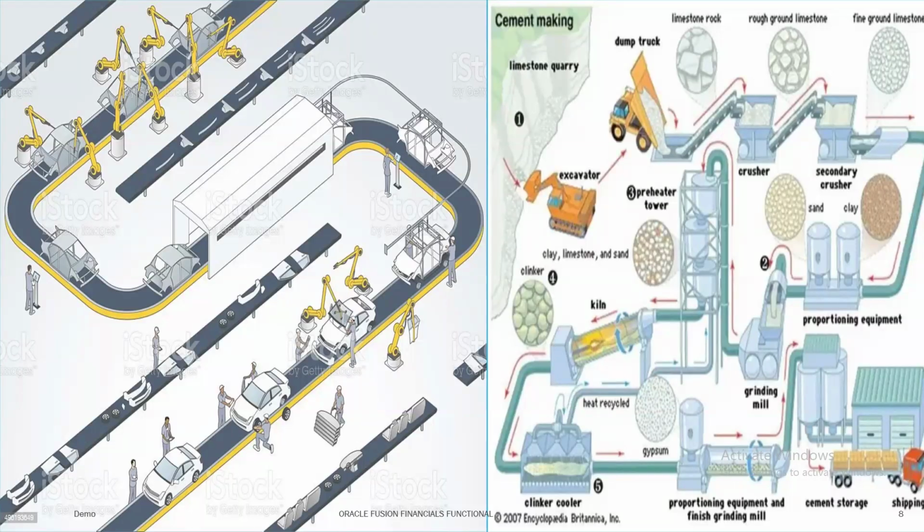Then, how will it be simplified at the Oracle Fusion application level? Take one example: car manufacturing. How are car manufacturing activities done, from the molding level to the final product? Many activities are included in this process.